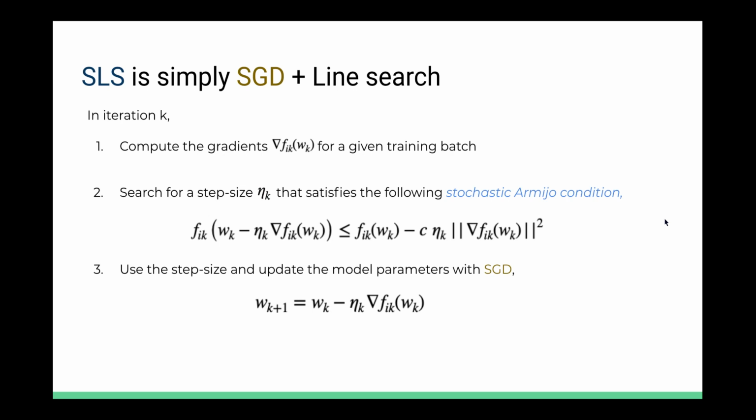Essentially, the condition says that the function f_ik evaluated at a point after the SGD update needs to be sufficiently smaller compared to the function value at the current point. Note that checking the Armijo condition involves only the stochastic gradient and the function evaluations on the mini batch of examples. Once we have the step size eta k, we can use this to update the parameters as before.